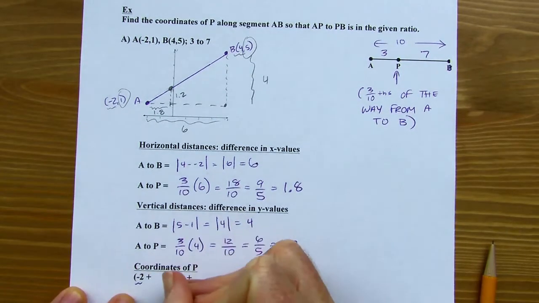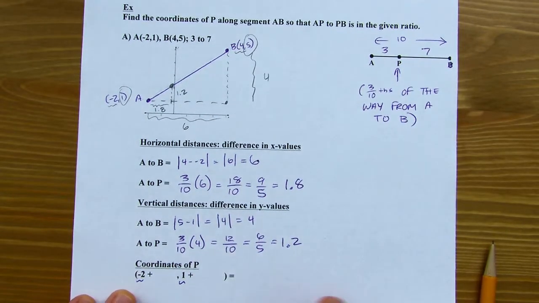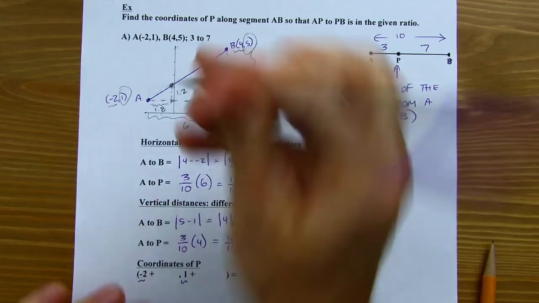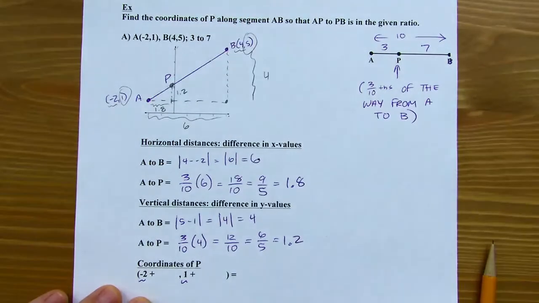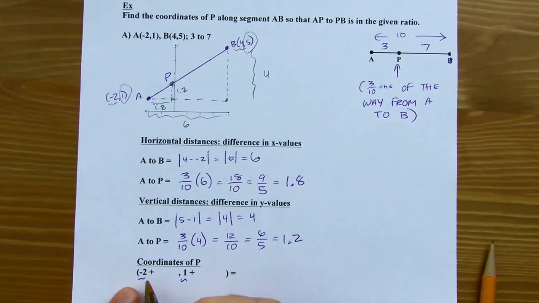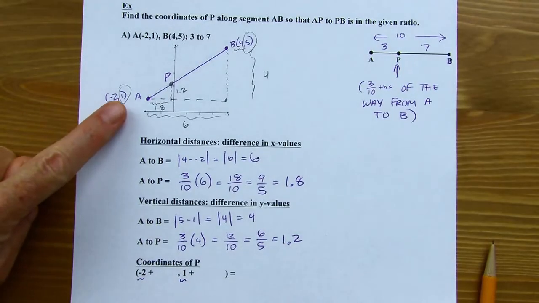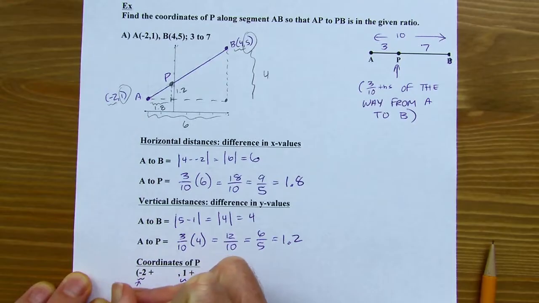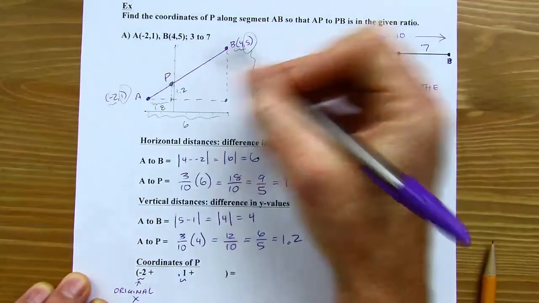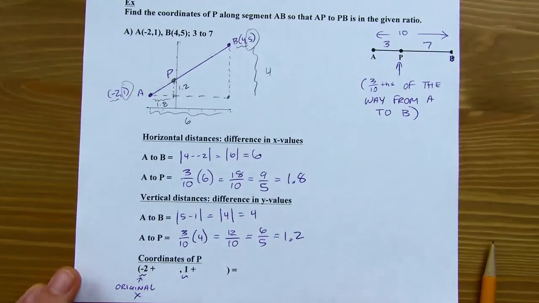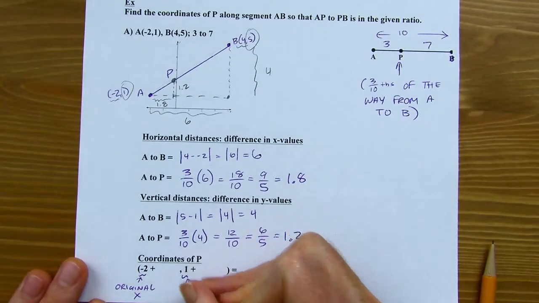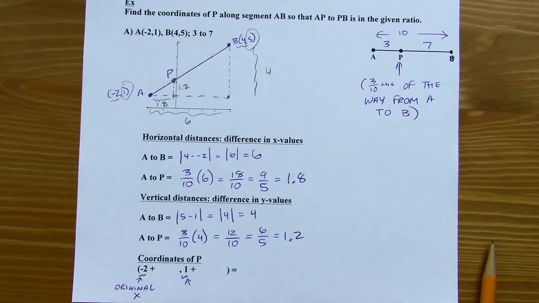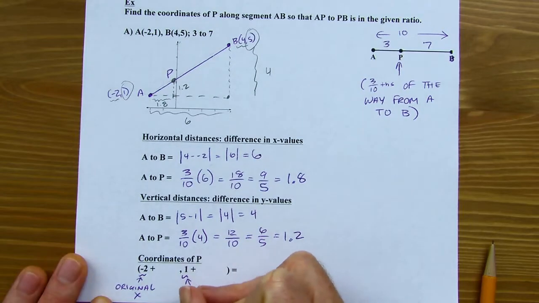So I've got this set up for point P already, this is going to be point P here, right? So I put in just my original x and y coordinate, right? This is my original x. And I'm using the x where I started, using the x from point A, not point B, because this is directed line segment AB, not BA. Okay, and this is my original y.